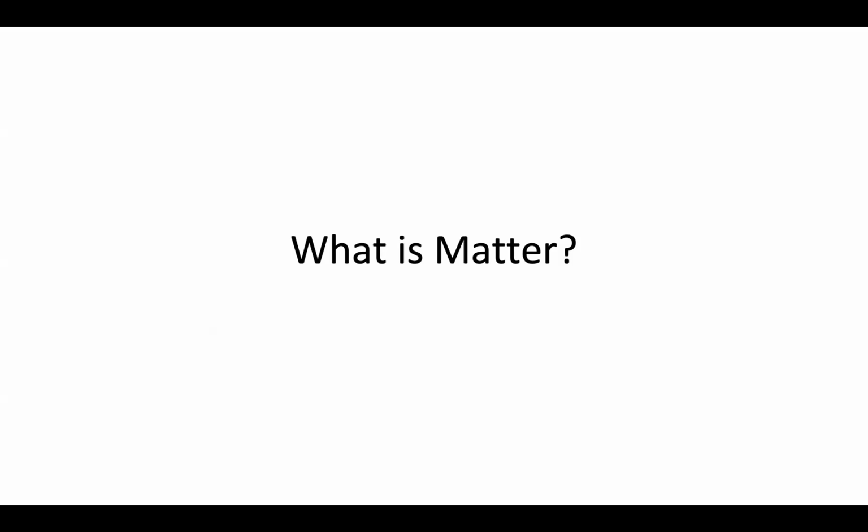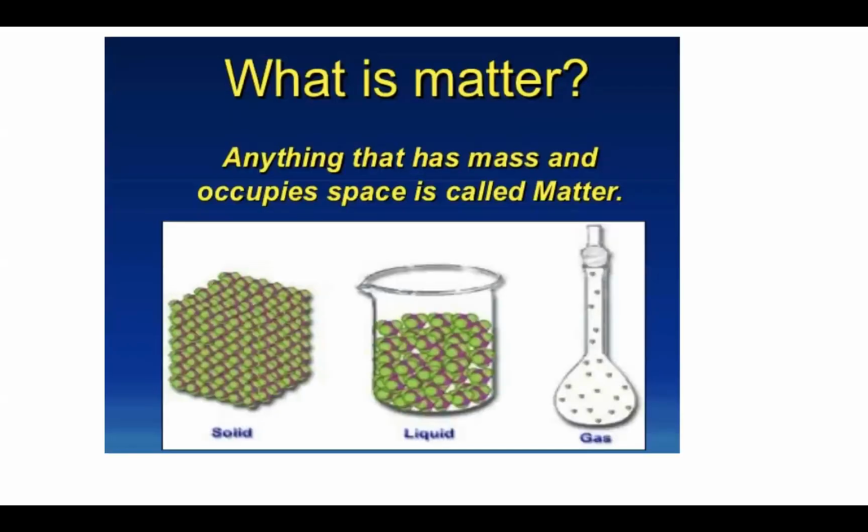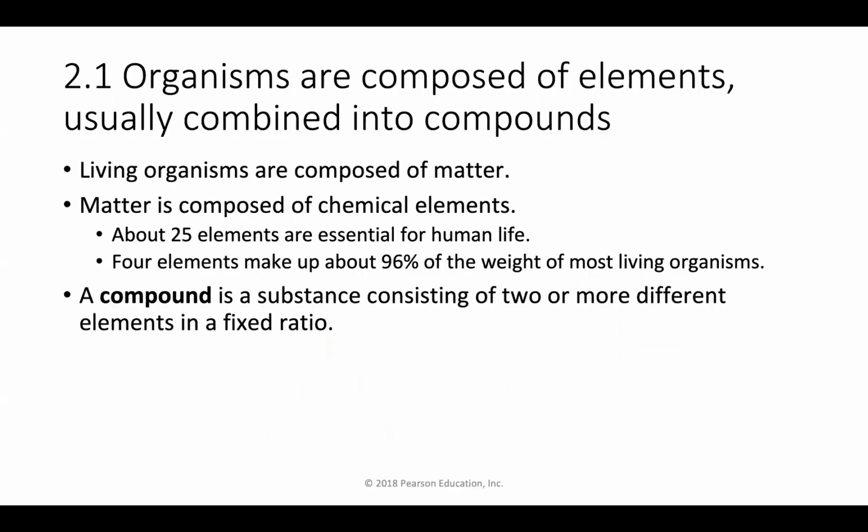Yeah, so matter is anything that has mass and takes up space, right? So everything around us is considered to be matter. What is matter? Anything that has mass and occupies space. So this can be anything in the form of a solid, a liquid, or a gas. These are the different states in which matter can exist. Matter is sort of the building block of elements.